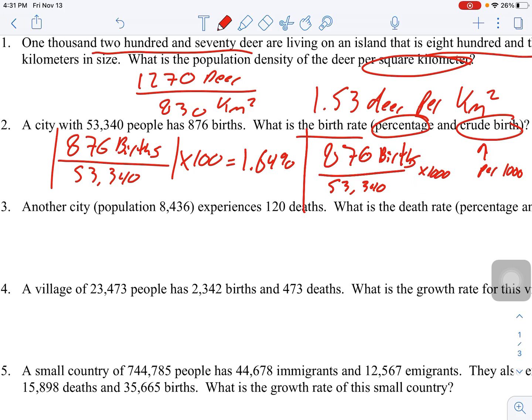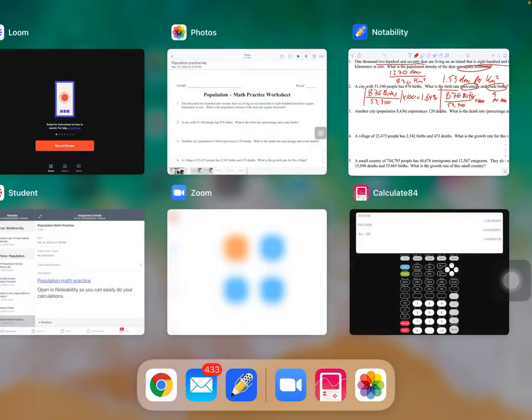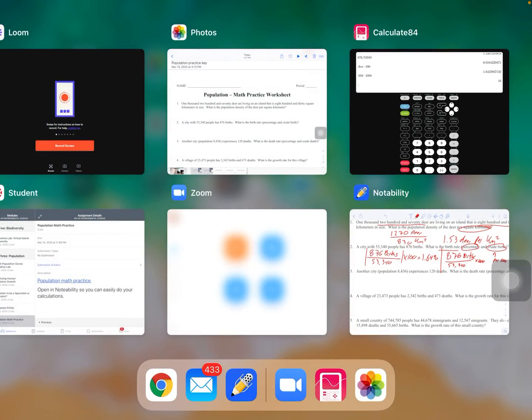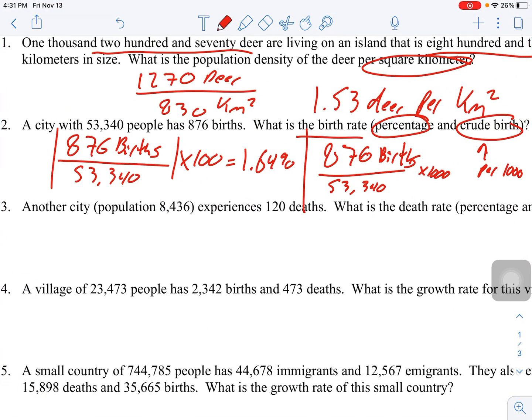That's the important part. So it's going to be 0.016 times 1,000, or 16. So the crude birth rate here is 16 per 1,000 people. And those are our two answers.